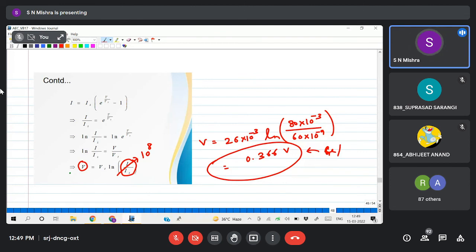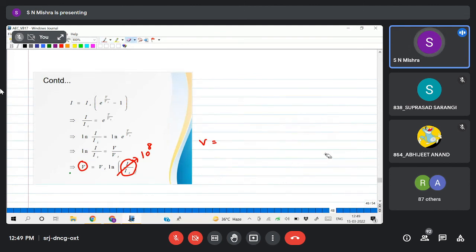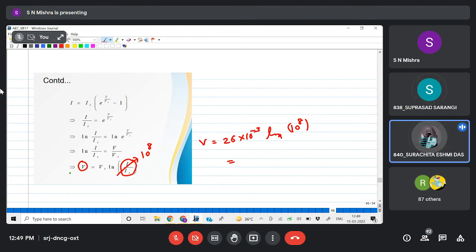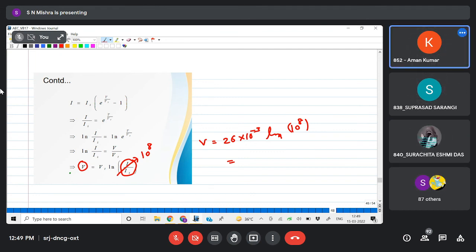You can calculate the same way: 26 into 10 to the power minus 3 ln 10 to the power 8. Find out what is the answer. 0.478.